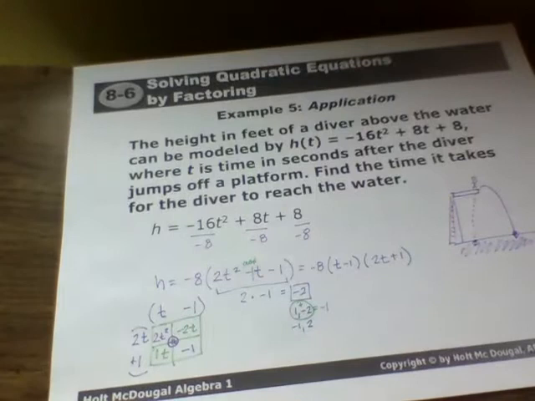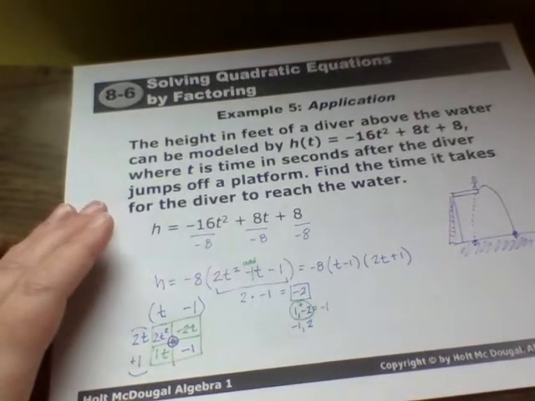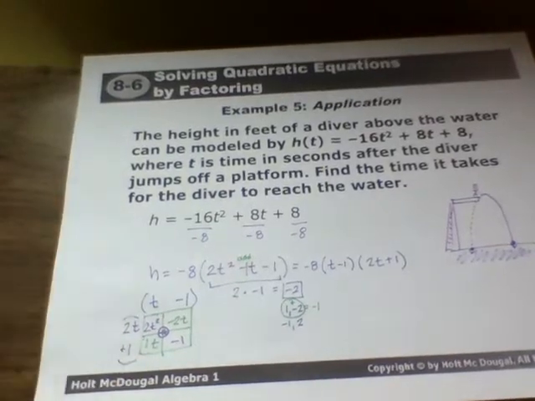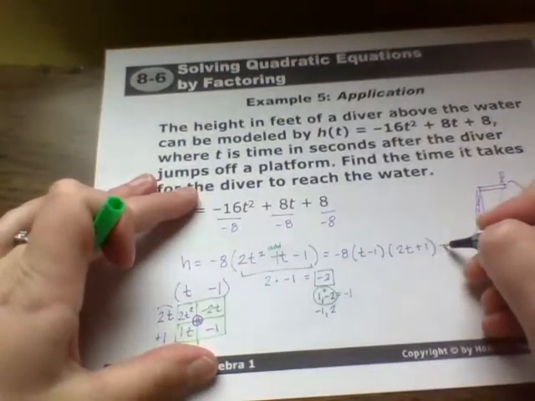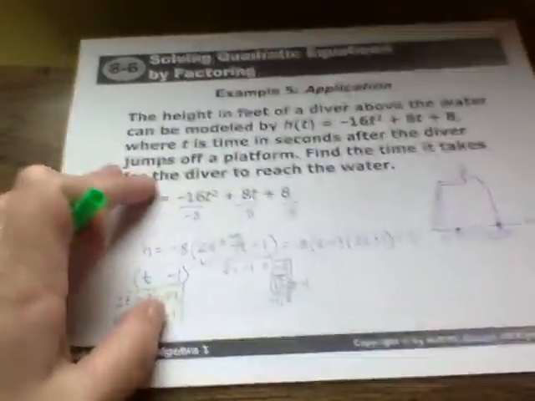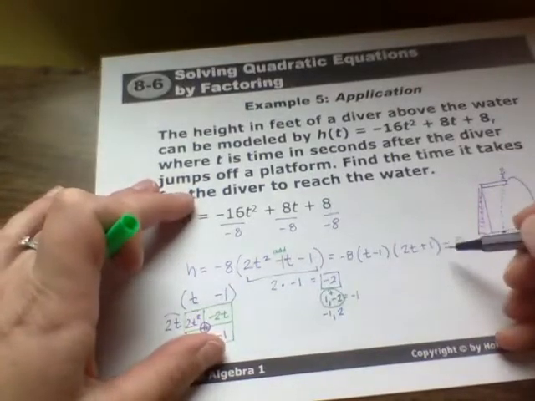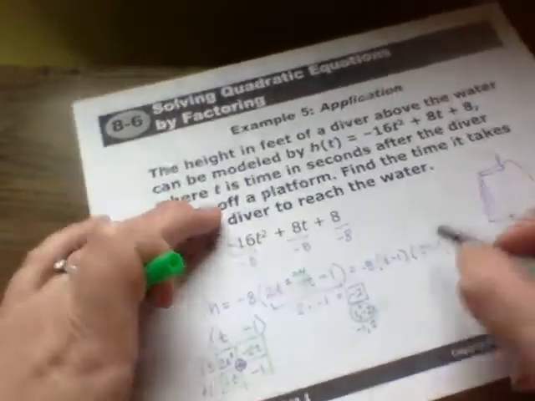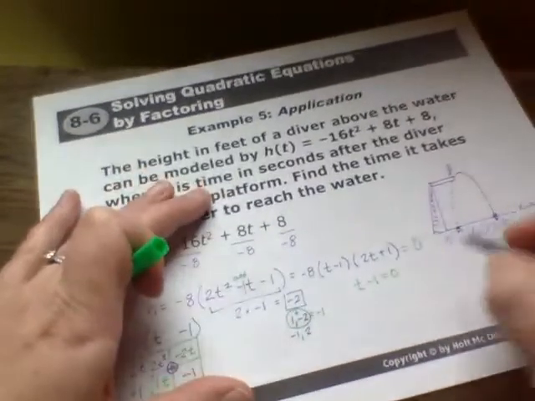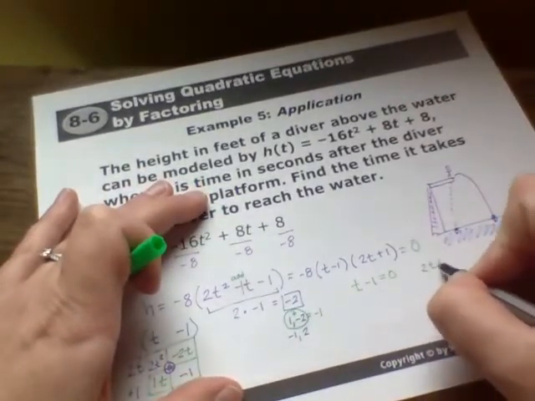So in order to find out when or how long it takes for the diver to reach the water, we are going to solve this equal to 0, because again, we are trying to find out where it hits 0 or this x-axis. So as we set this equal to 0, remember that we are just taking each piece and setting it equal to 0. So t minus 1 equals 0, but then also 2t plus 1 could equal 0.